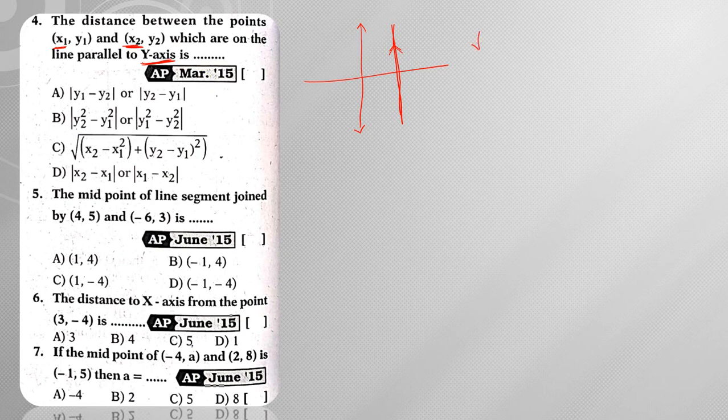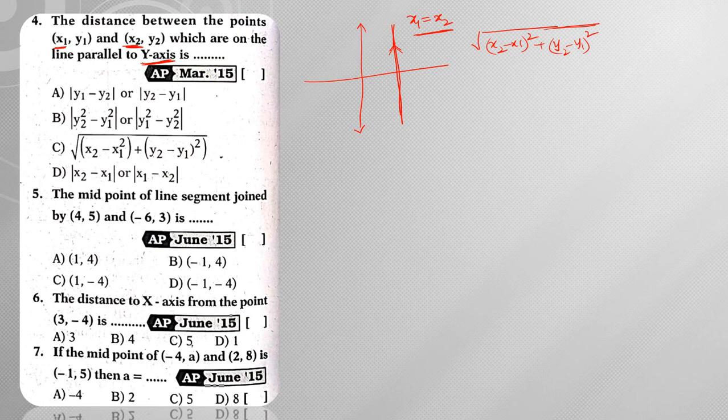Whenever you apply the distance formula, I get square root of x2 minus x1 whole square plus y2 minus y1 whole square, which is my formula for distance between 2 points. Now whenever a line is parallel to the y-axis, its x coordinates will be equal, that means x1 is equal to x2.